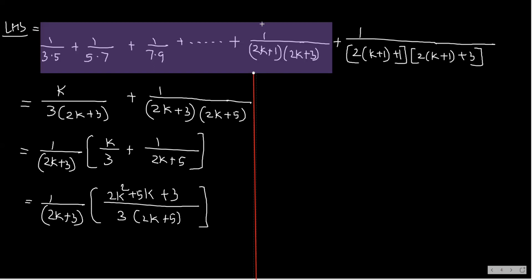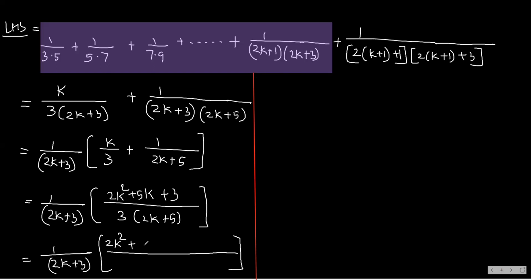So here I will write 1 upon 2k plus 3, and this 2k square plus 5k plus 3 can be written as 2k square plus 2k plus 3k plus 3, since 5k can be written as 2k plus 3k, and I have 3 into 2k plus 5.